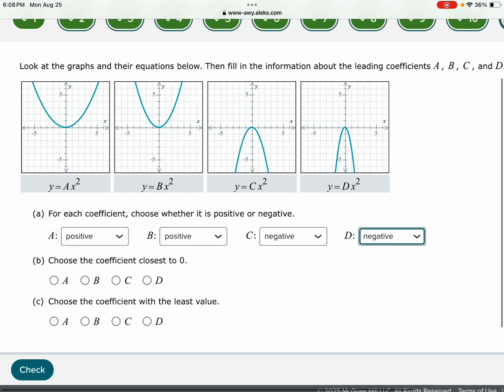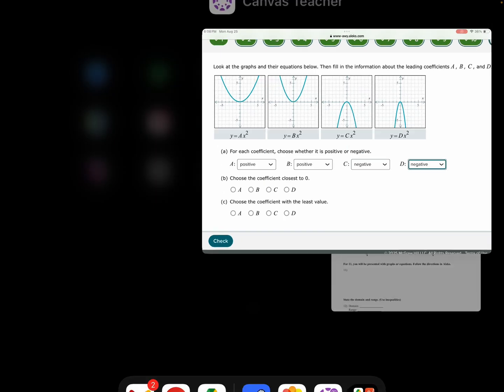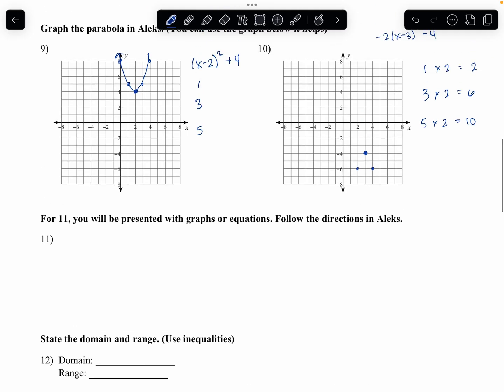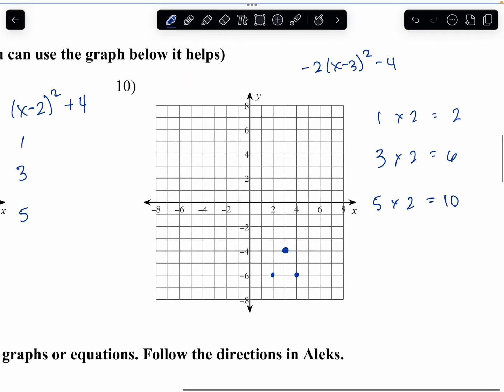Okay, for part B, it says choose the coefficient closest to 0. The more compressed, or the more flat, the graph is, the closer the coefficient is to 0. That could be either downward or upward facing.